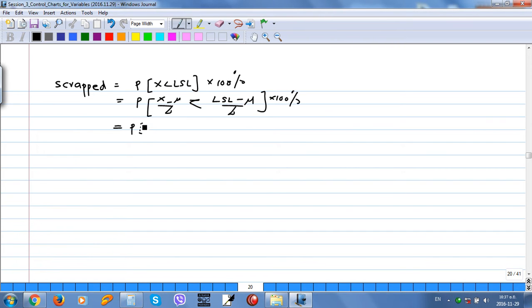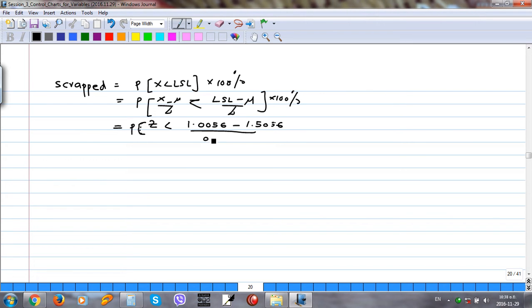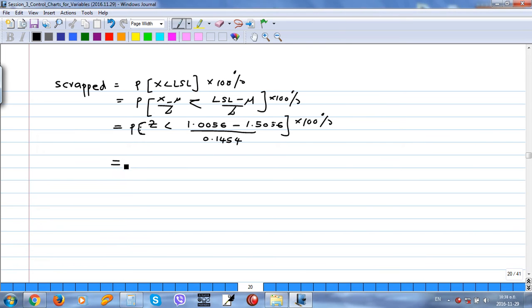This is Z less than the lower specification limit we found, 1.0056, minus mu, X bar, 1.5056, and sigma we also found, 0.1454, times 100%.